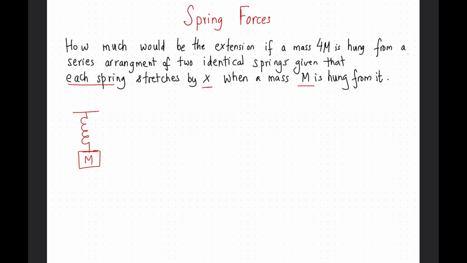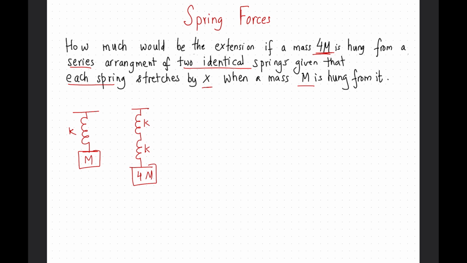So this is our single spring. Now if we want a series arrangement of two identical springs, let's put them in series, and now the mass which is hanging from them is 4m. So this is k, but the mass is 4m.